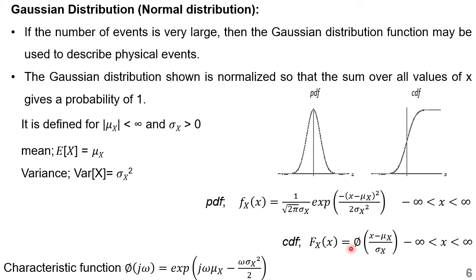We will get F_X(x) equal to phi of (x minus mu_x) by sigma_x, and the mean is always E[X] equal to mu_x, and the variance is sigma_x squared. The characteristic function is exponential of j omega mu_x minus omega squared sigma_x squared by 2.